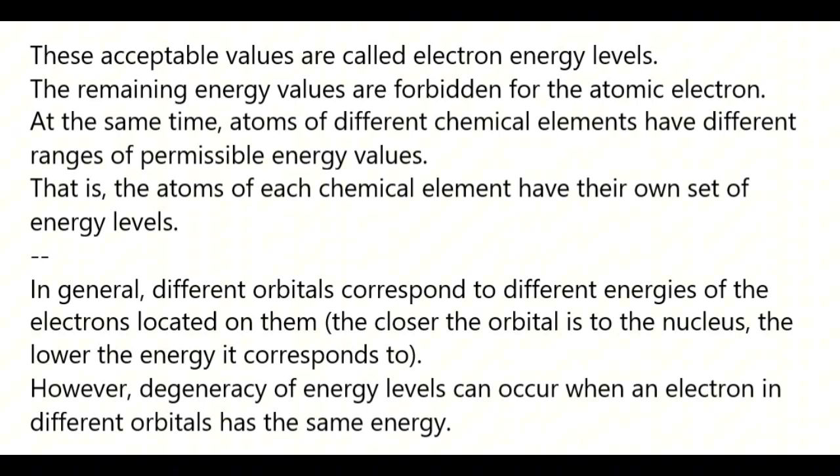At the same time, atoms of different chemical elements have different ranges of permissible energy values. That is, the atoms of each chemical element have their own set of energy levels. In general, different orbitals correspond to different energies of the electrons located on them. The closer the orbital is to the nucleus, the lower the energy it corresponds to. However, degeneracy of energy levels can occur when an electron in different orbitals has the same energy.